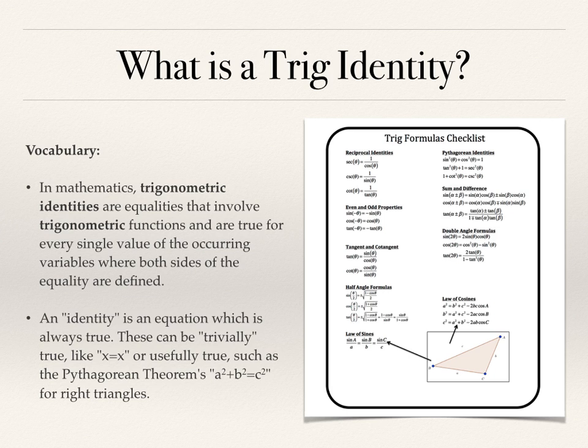These can be trivially true, such as x equals x, or usefully true, like the Pythagorean theorem, a squared plus b squared equals c squared, for a right triangle. And on the right, you'll see the various trig formulas, which you will be using later on.